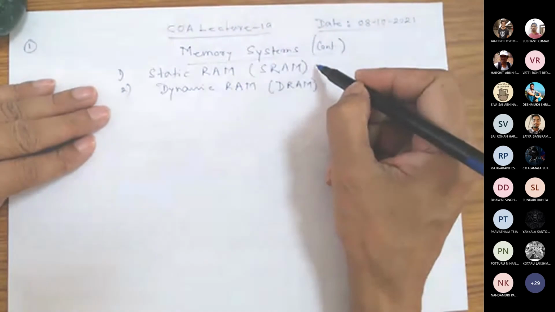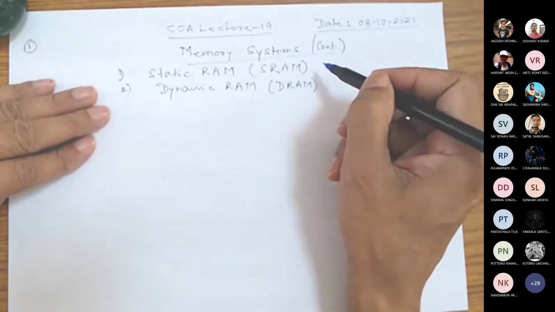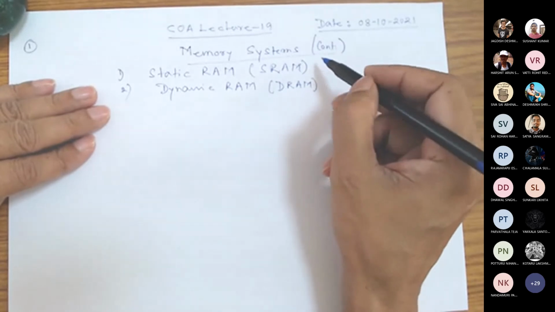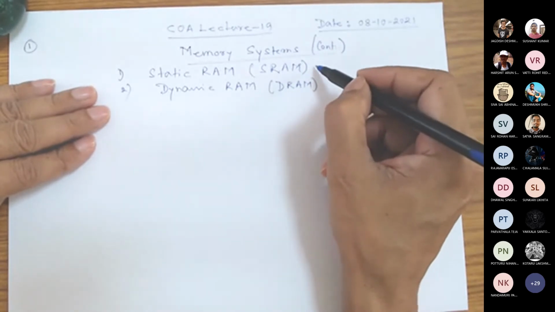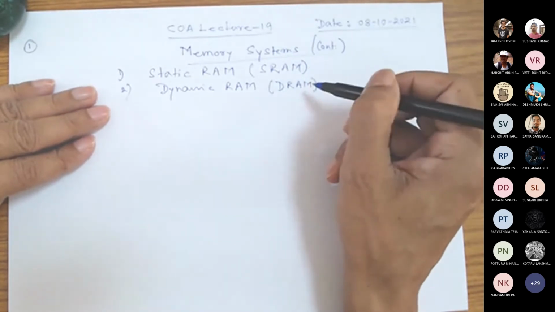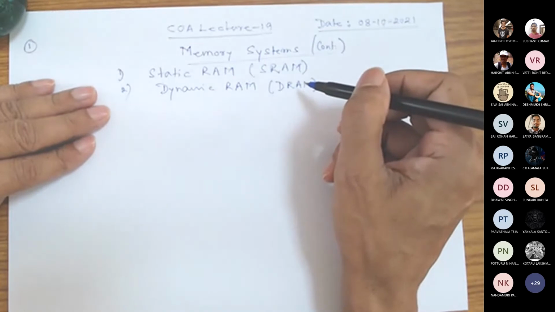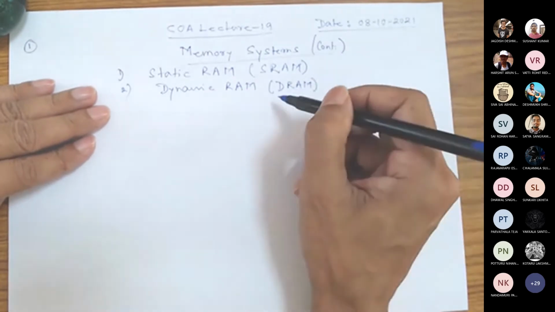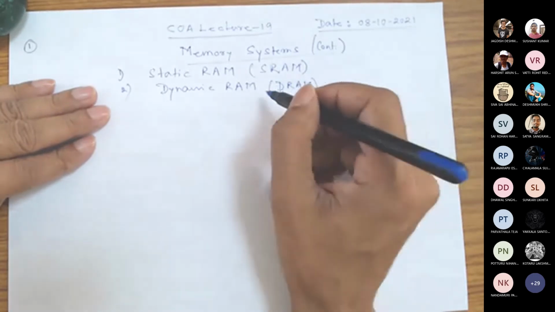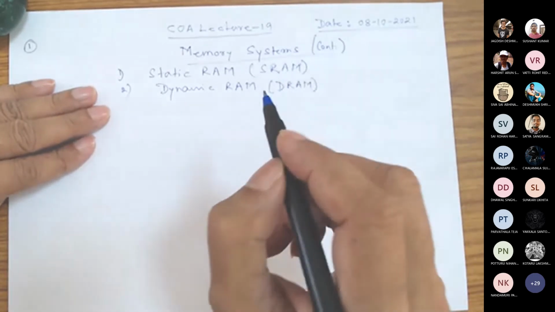So here basically we need a constant supply so that the value stays there. That's why it's static. If you would like the value to be static, you need to apply constant power here. Whereas in case of dynamic RAM, you don't apply constant power. Now the question is that if you don't apply constant power, how is the value stored?